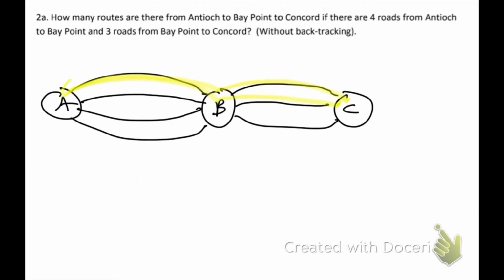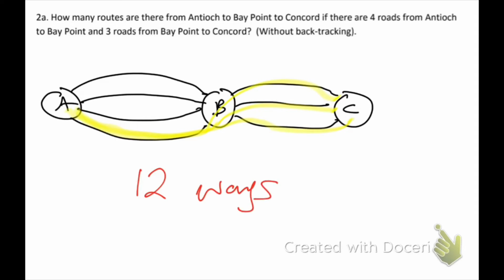2, 3, 4, 5, 6, 7, 8, 9, 10, 11, and 12. So there are 12 ways to count, or 12 different routes, I should say.